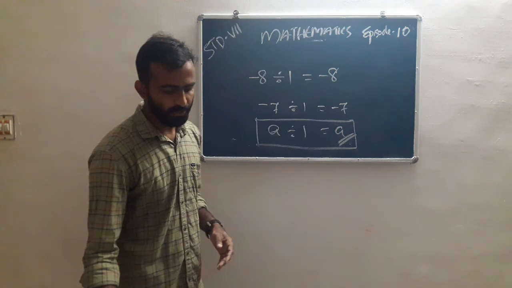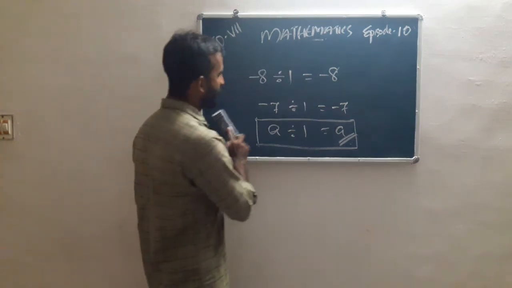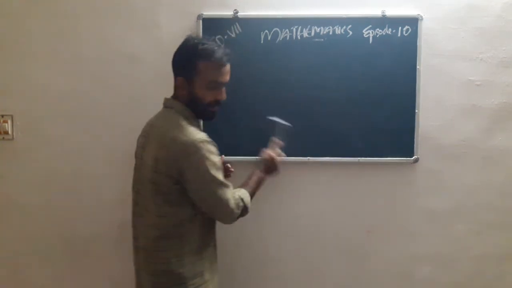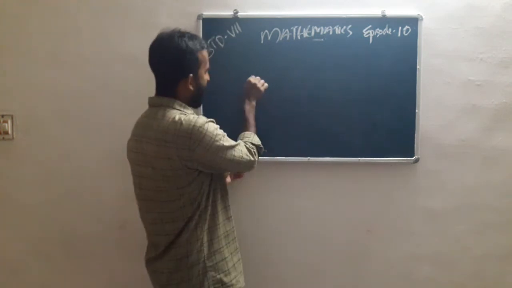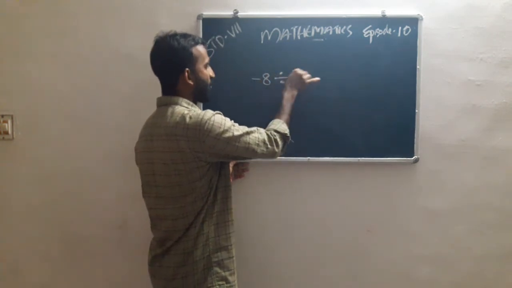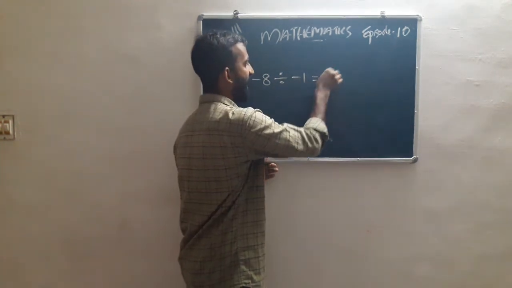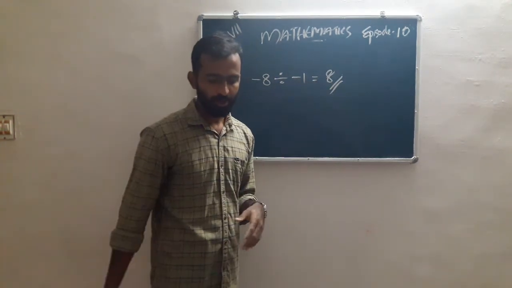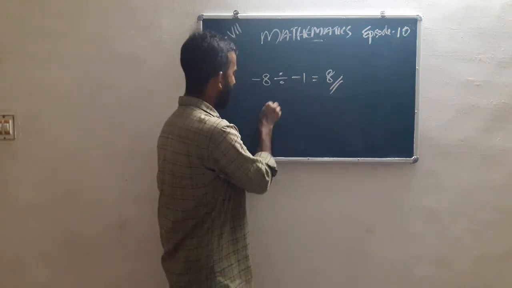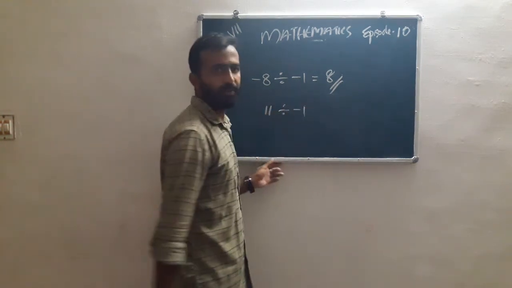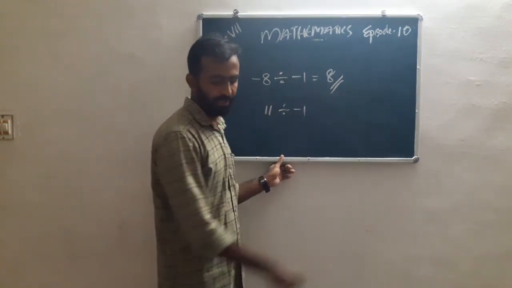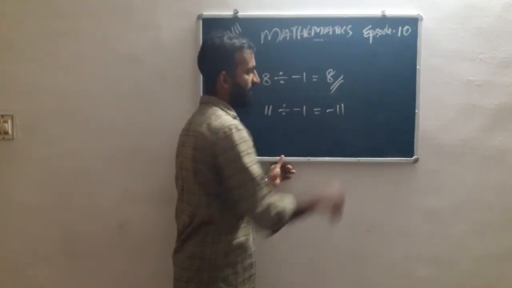And next one is negative 8 divided by negative 1, we get 8. 11 divided by negative 1, what do we get? We get negative 11.